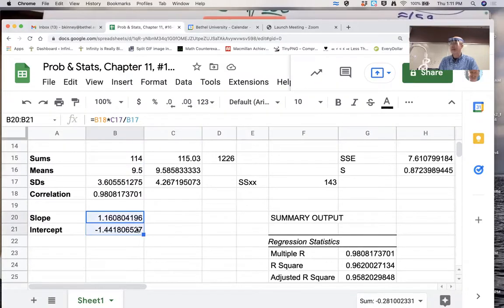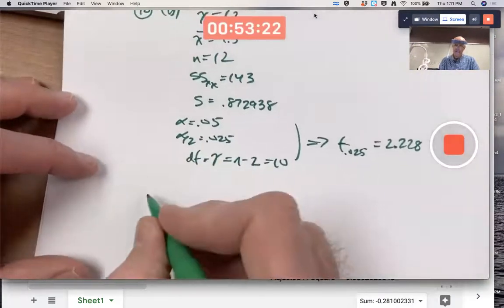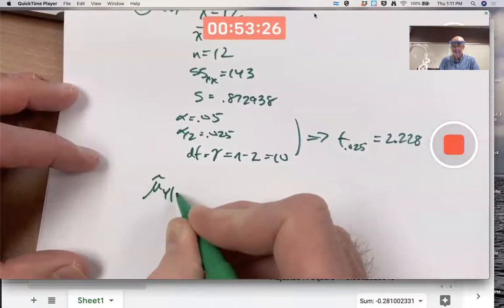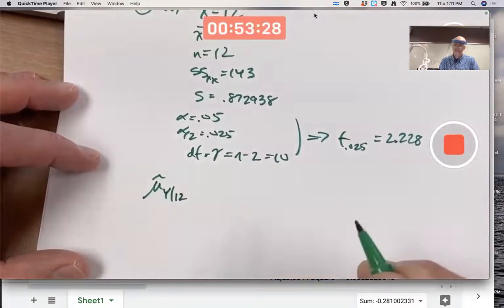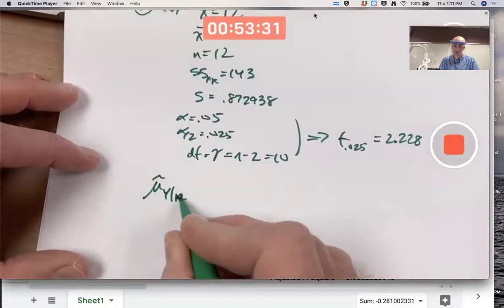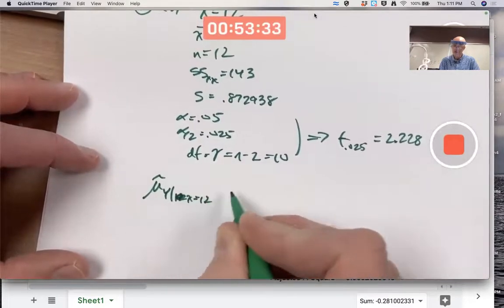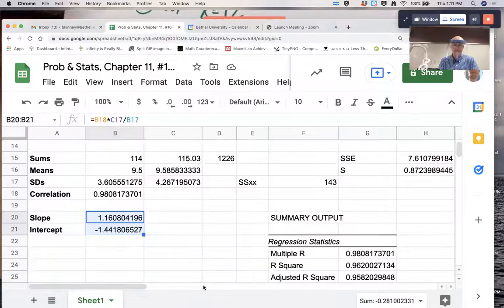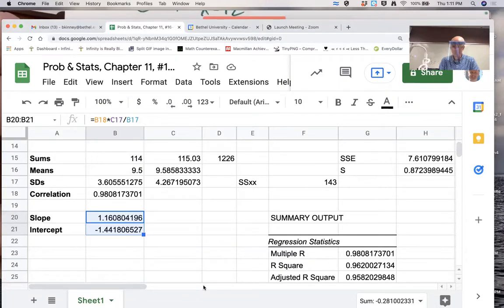Plug in x equals 12 into the regression line. You could say mu hat of y given 12, if you like. To emphasize x is 12, maybe I should write an x is 12 there. Negative 1.4418 plus 1.1608 times 12.